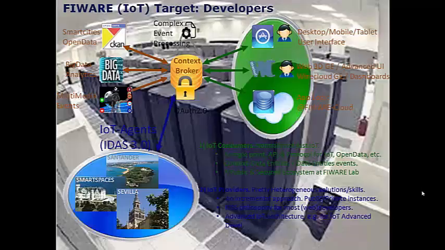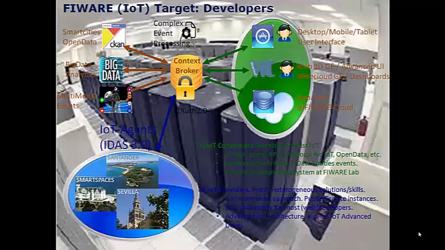So, in this sense, there are two kinds of IoT agents connecting to the context broker. First, we have what we call the IoT consumers. These are sensors that are connected just to consume the information from other parts of the application.